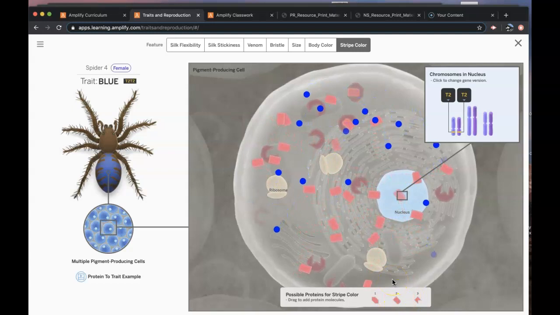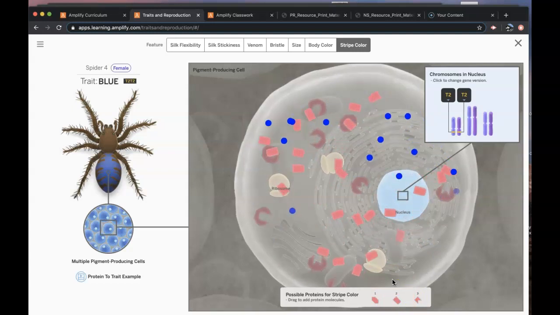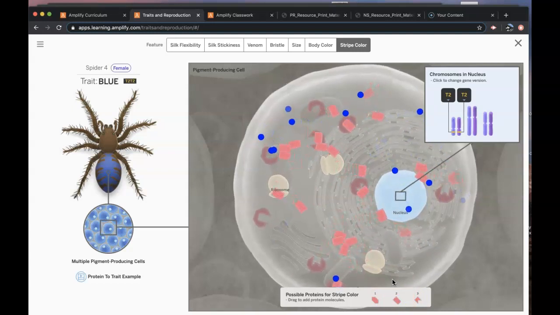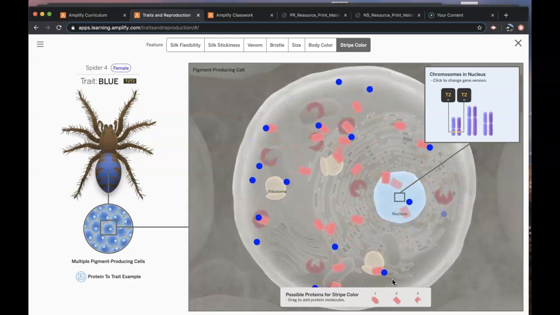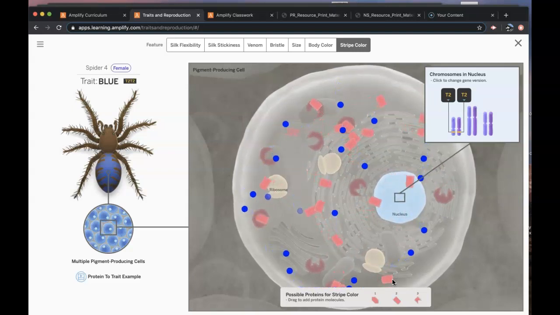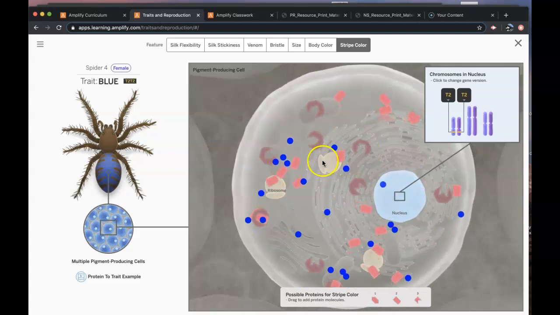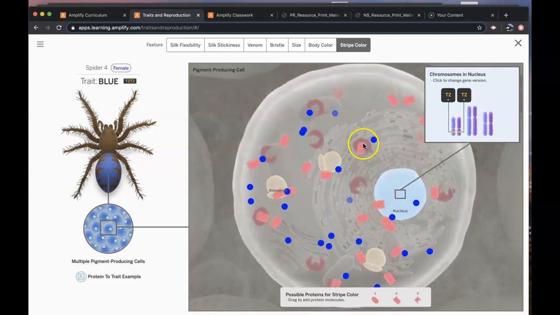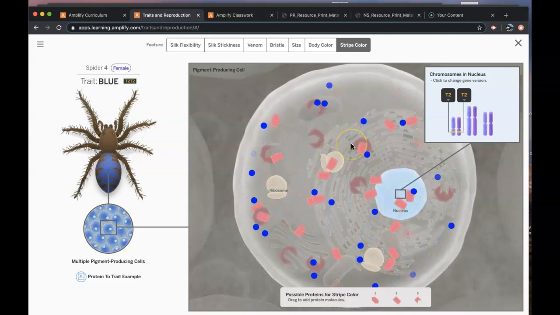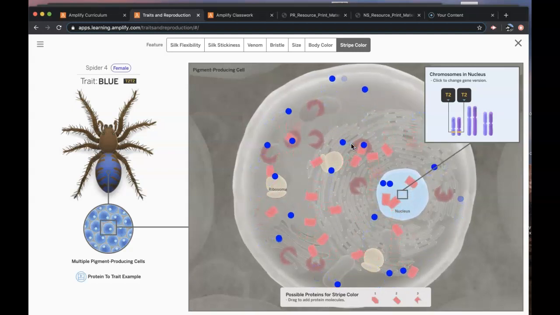And then the protein molecules lead to the traits. So the genes give the instructions to make the protein molecules, and then the protein molecules, when they react with these other molecules, make the blue pigment, and that's what gives them their traits.